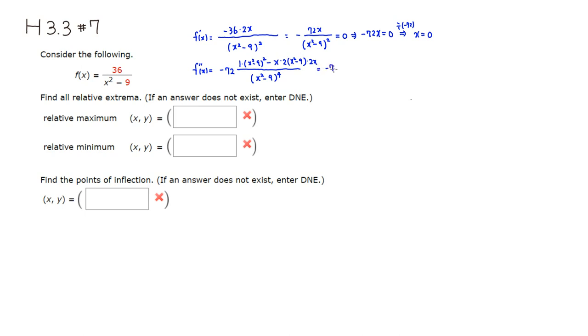All right, so let's clean this up a little bit. It's negative 72 there, then we have x squared minus 9 in common, so I'm going to pull that out. What's left is x squared minus 9 minus 4x squared, over x squared minus 9 to the 4th power.